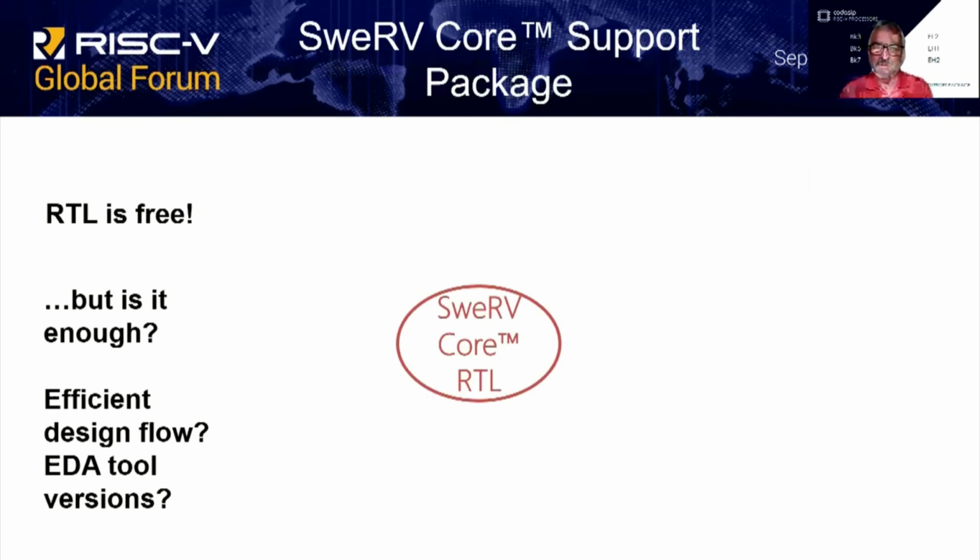We need to be supporting the particular EDA tools that you want to use. So Western Digital and Codasip have cooperated on creating the SweRV Core support package. This aims to provide you with everything you need to deploy your RTL in your SoC.